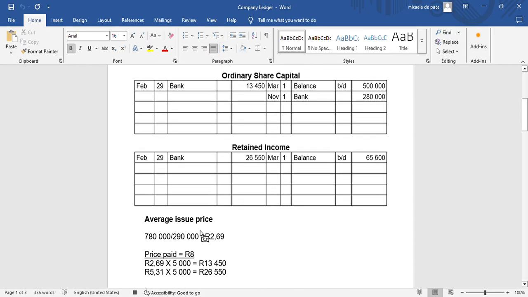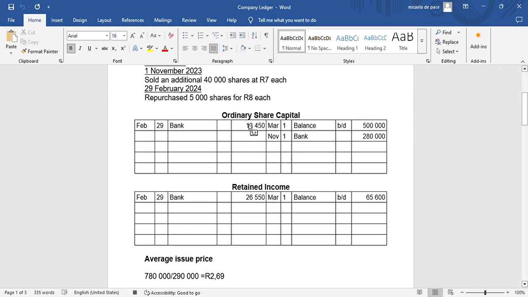In other words, 290,000. So that gives you 2.69 Rand per share. But the price paid was 8 Rand. The 2.69, the average issue price, must be the amount that comes out of share capital. So if you take the 2.69 times the 5,000, that 13,450 will come on the minus side of share capital, and you paid money, so your details here will be bank.